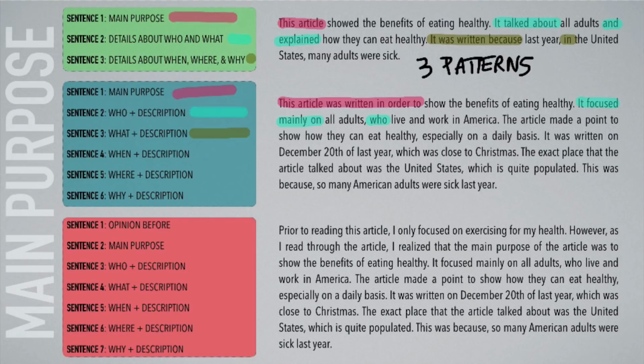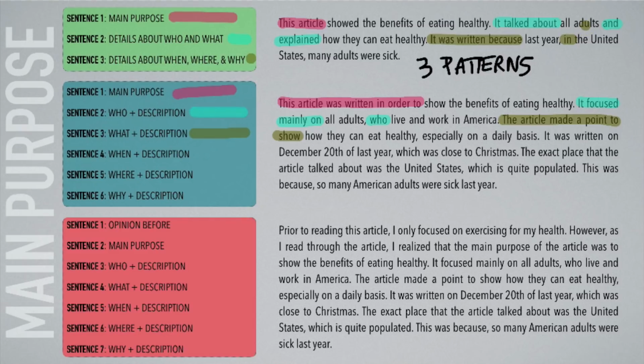Let's read. "The article made a point to show how they can eat healthy, especially on a daily basis." Now, in this sentence, the pattern is, "the article made a point to show." Now, in general, this expression just means emphasized or thought that it was important.